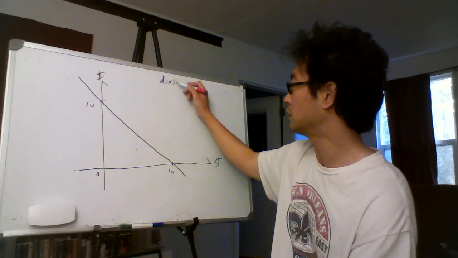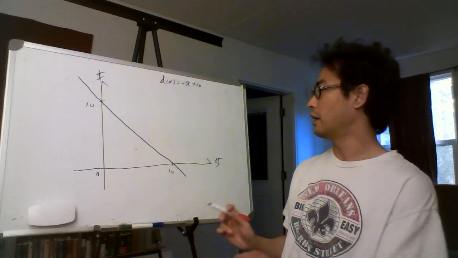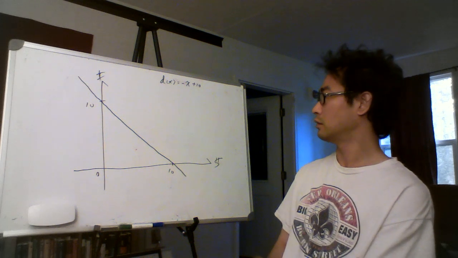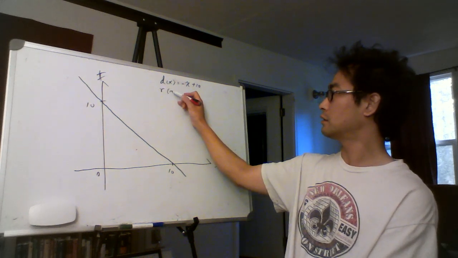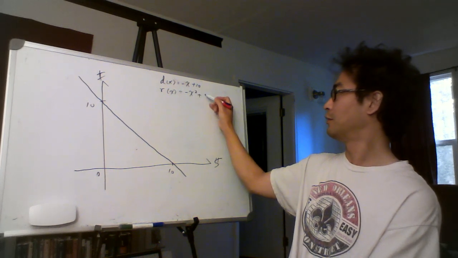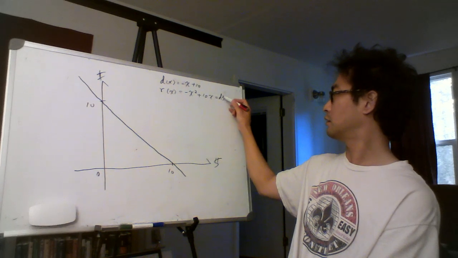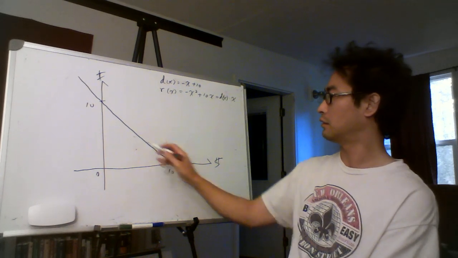D(x) is minus x plus 10, right? And what's the revenue? R(x) is minus x squared plus 10x, okay? It's just D(x) times x.